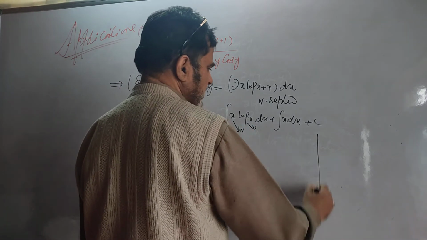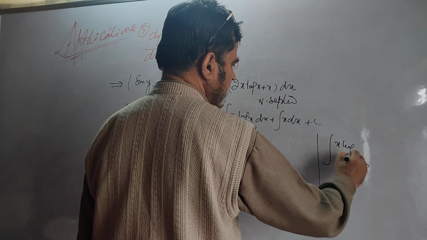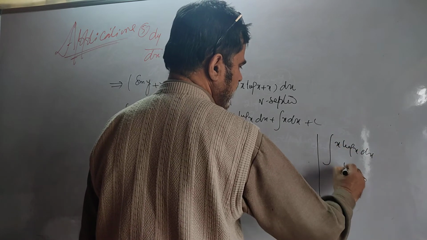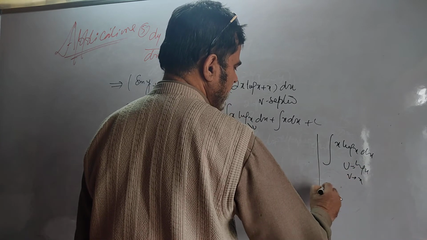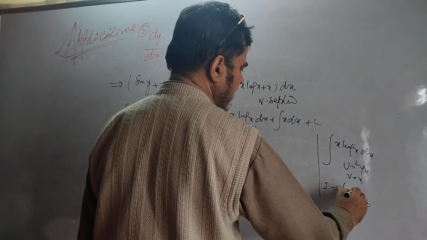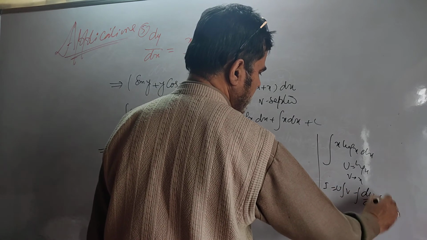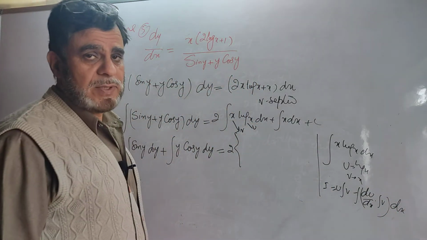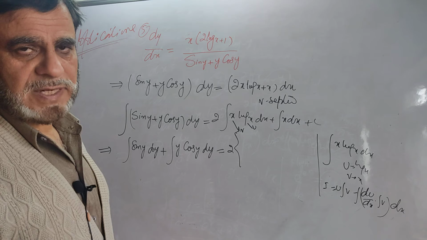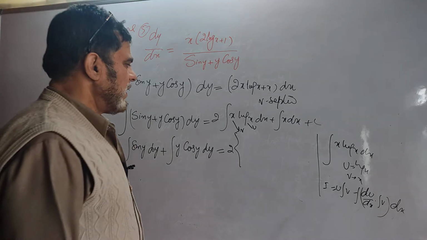I will just write here how to integrate x log x dx, taking u is equal to log x, v is equal to x, and use the integral of u times the integral of v, minus the whole integral of the differential of u with respect to x times the integral of v, then the whole to be integrated with respect to x. This is your product rule for integration.